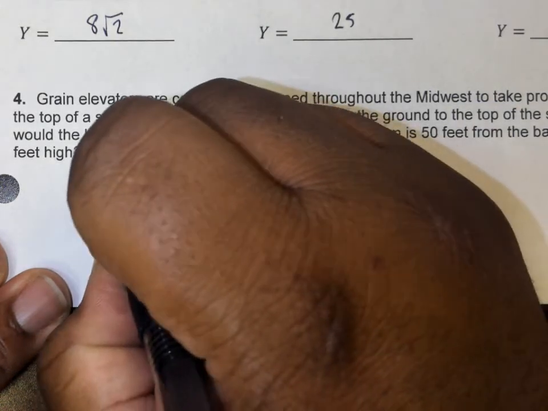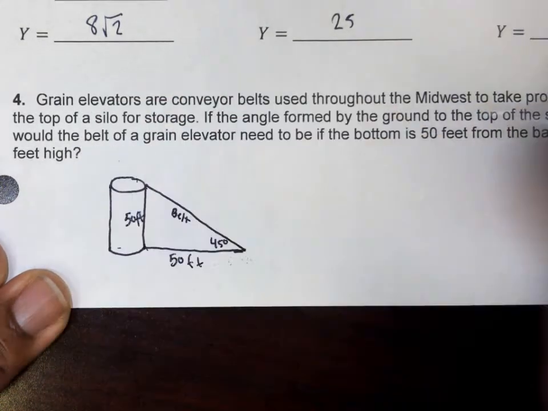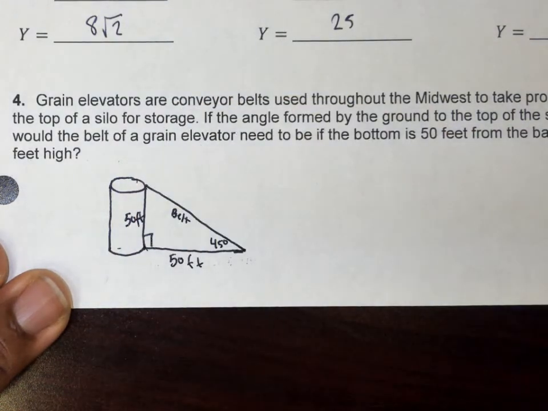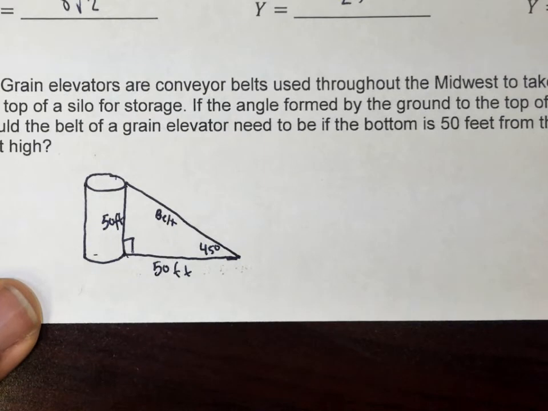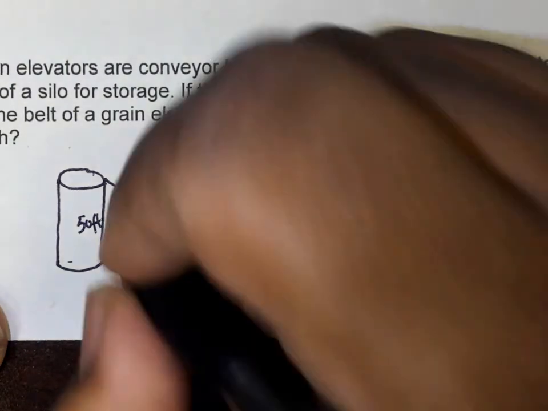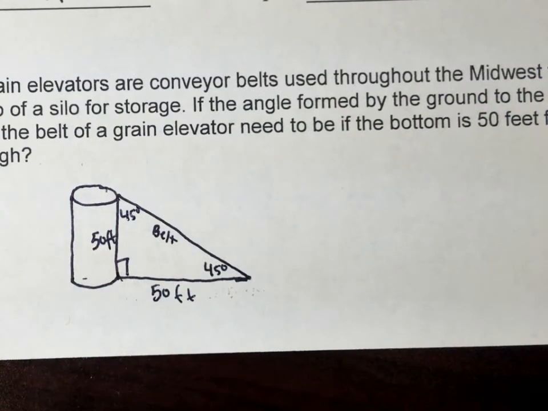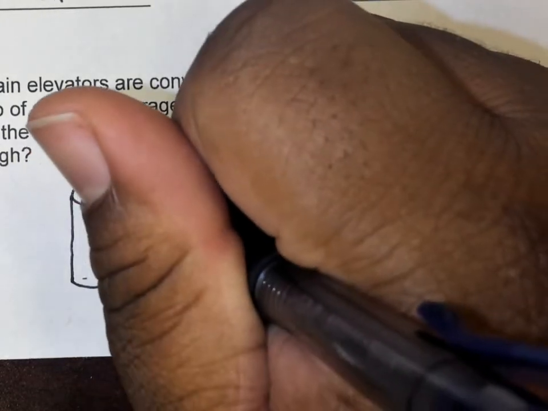And they say the silo itself is 50 feet tall. Right angle right there. Let me zoom in. And obviously this will have to be 45 degrees up here. Obviously they're just trying to set up a 45-45-90 scenario for you. If you can read it and draw it out correctly, it'll be easy to solve, because all they want to know is the length of the belt.